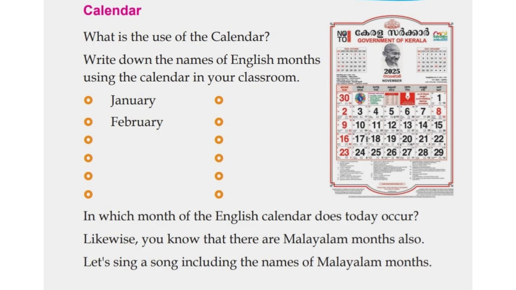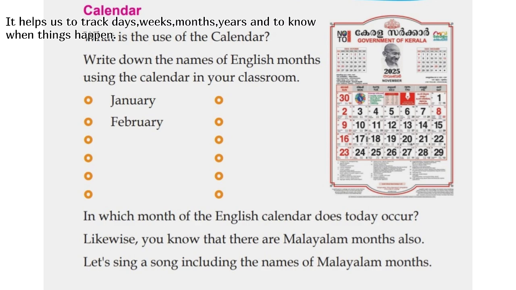Calendar. What is the use of the calendar? It helps us to track days, weeks, months, years, and to know when things happen. Write down the names of English months using the calendar in your classroom.